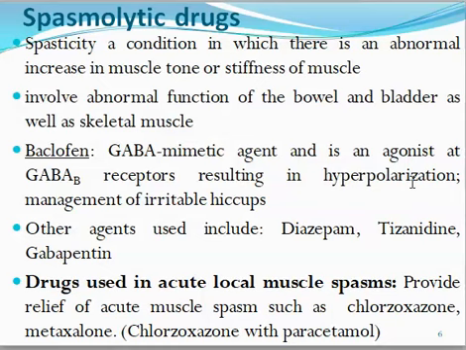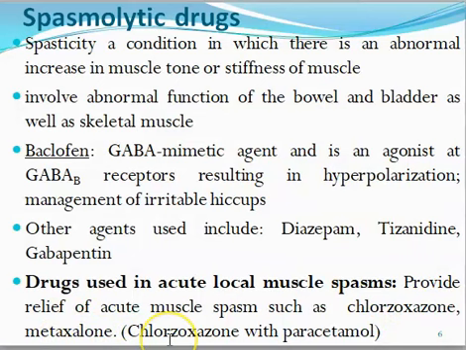Other agents which have spasmolytic activity include diazepam, gabapentin, and others. We also have drugs which can be used in the treatment of local muscle spasms. They provide relief of acute spasm. Now we have this drug, chlorzoxazone, and metaxalone.